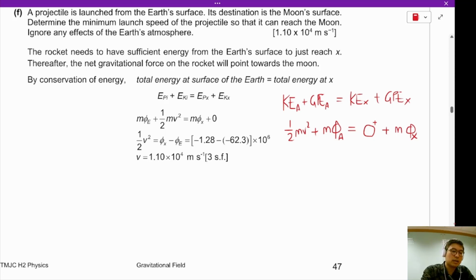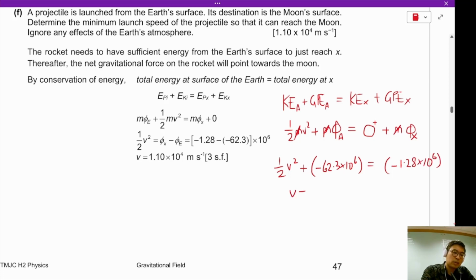Now let's rearrange the equation and fill in some of the values. We first cancel out the mass. So half v squared plus the potential at point A, which is minus 62.3 times 10 to the power of 6, will be equal to the potential at point X, which is minus 1.28 times 10 to the power of 6.